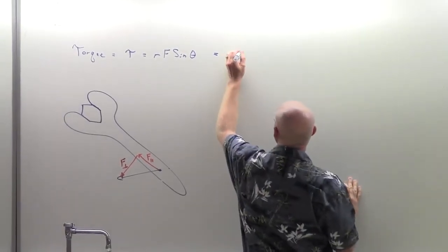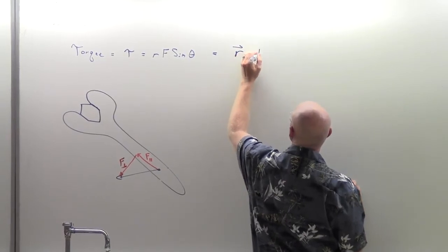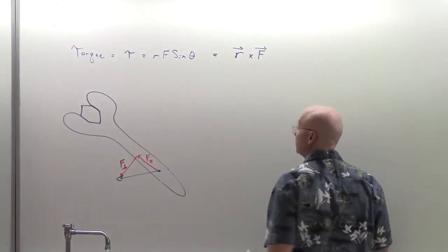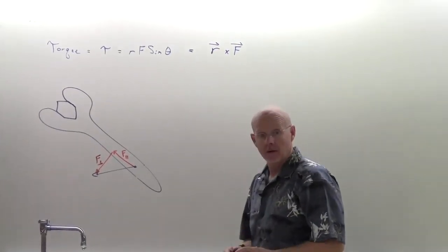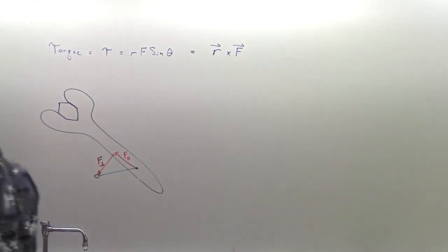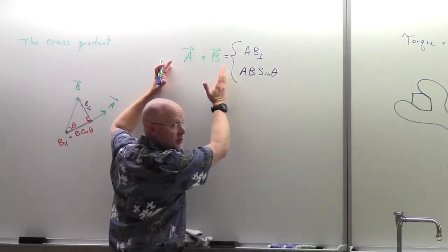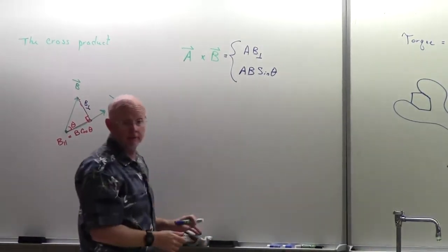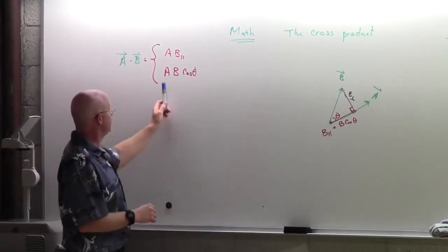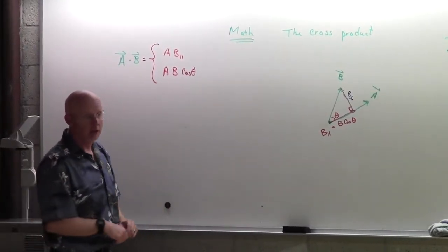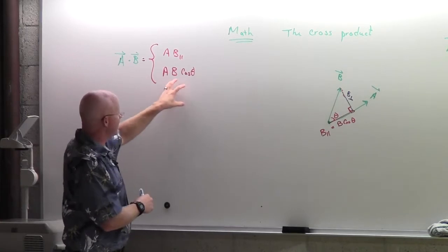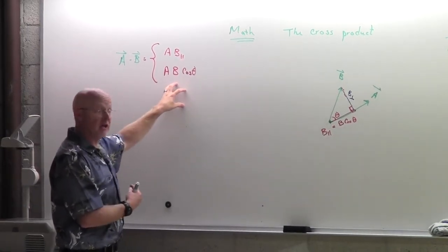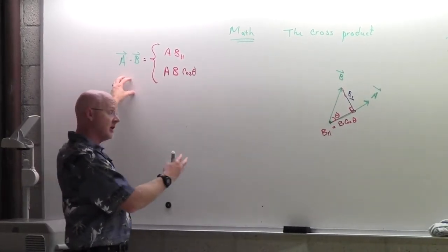Why don't we write it as R cross F? And so this mathematical description means those three, just like this mathematical description meant those three. And so we went from writing it like this at the beginning of chapter 7 to writing it like this at the end of chapter 7.